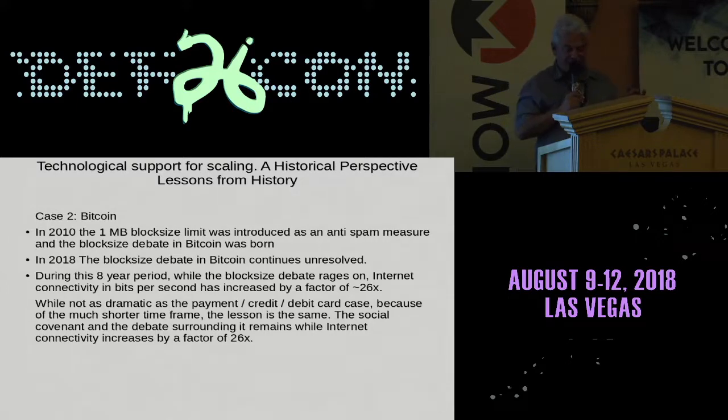But in the meantime, technology is not lying still. The cost of transmitting those blocks over the internet and the speed is a factor of 26. Anybody who's familiar with the current Monero block sizes, it's basically the difference between the current Monero block size and a typical Monero transaction, and a typical Bitcoin transaction.